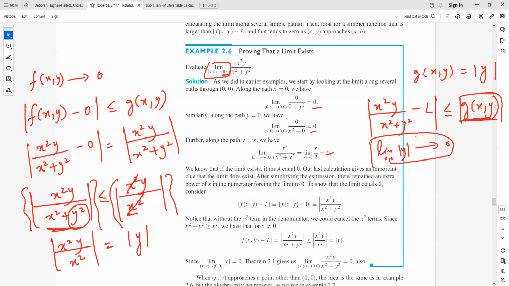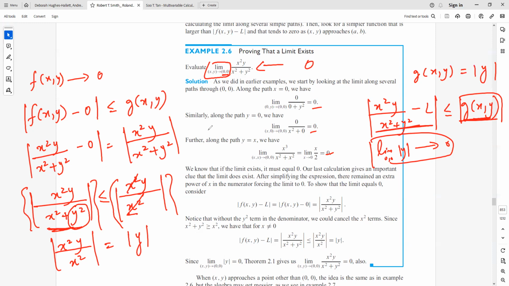So this function g of x comma y converges to 0, and this is bigger than the given function. Therefore we can conclude that the limit of the given function is exactly 0, right? The limit is 0. The function is converging towards 0. So this way we can prove that the limit does exist.